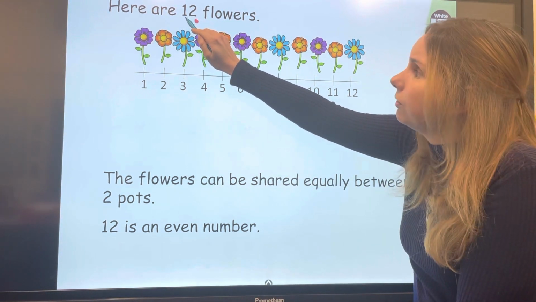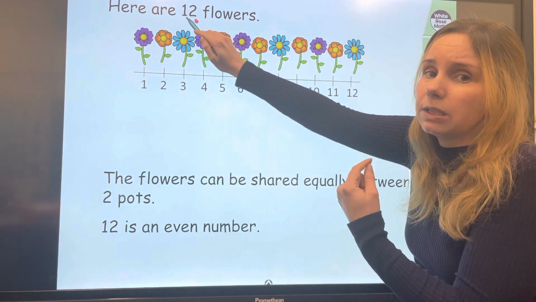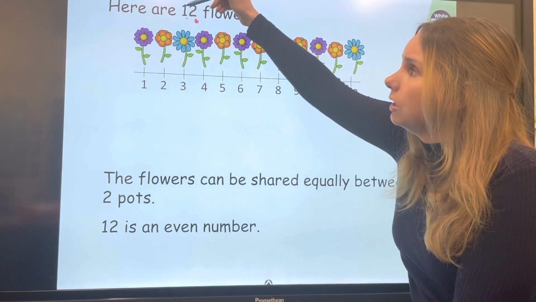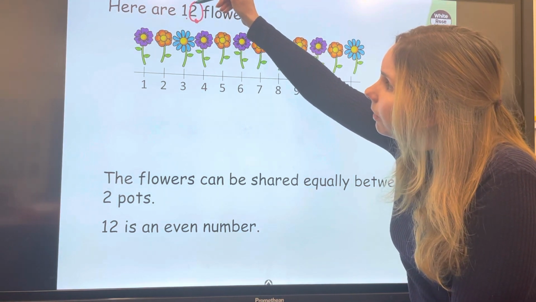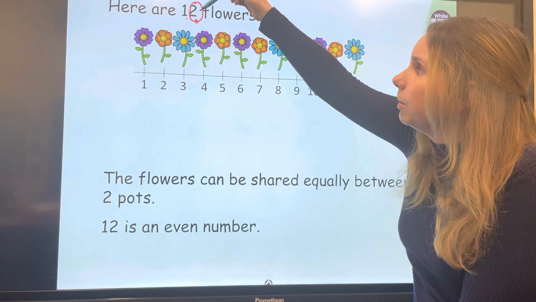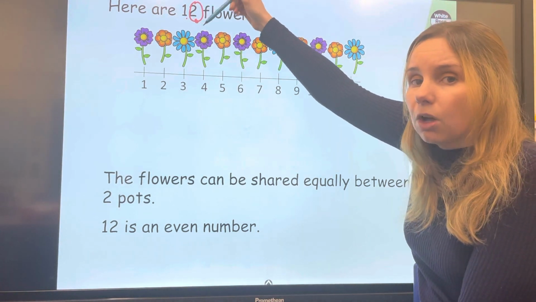Sometimes when we just look at the first number in our 10s, it confuses us. It's really important when it's a 2-digit number that you look at the number of 1s in it. That will tell you if it's odd or even.